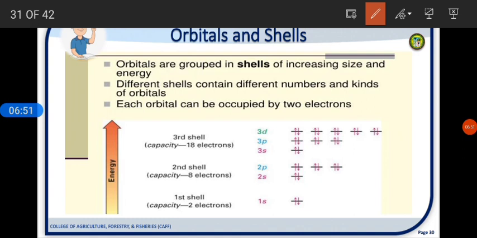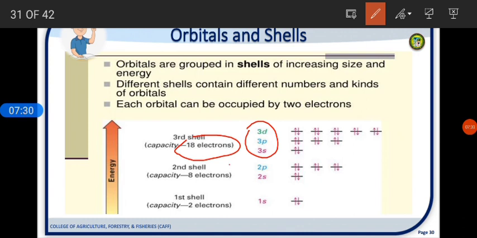Now, moving up, we have the third shell, and its maximum capacity is 18 electrons, and we have the orbitals 3s, 3p, and 3d. So you have 1 orbital for 3s, 3 orbitals for 3p, and for the 3d we have 1, 2, 3, 4, and 5 orbitals. Again, the orbitals are occupied by 2 electrons.